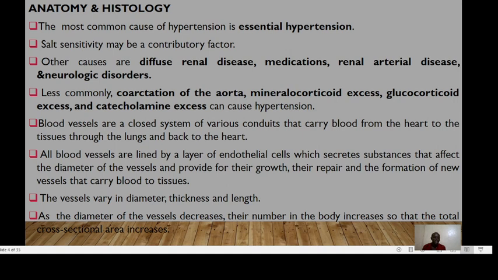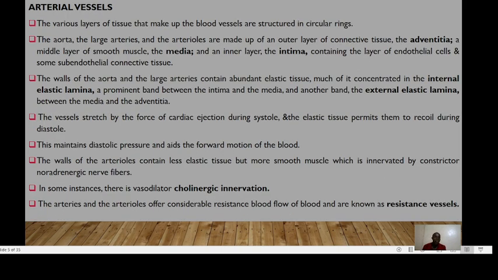So the vessels vary in diameter, thickness, and length. As the diameter of vessels decreases, their number in the body also increases, so the total cross-sectional area increases.